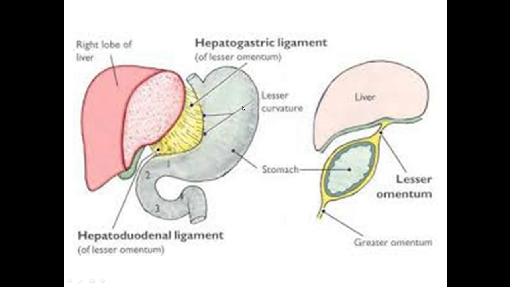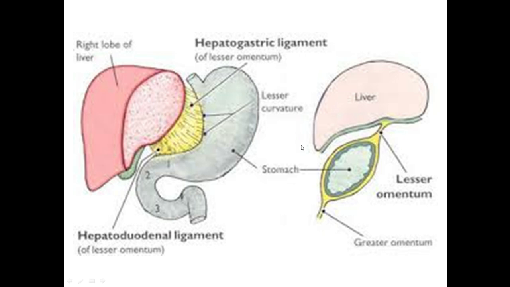Now, the lesser omentum is present on the, this is the stomach and this is the lesser curvature of the stomach, and here lies the lesser omentum. And the omentum which is in relation with the liver is known as the hepatogastric ligament. So this is the lesser omentum.